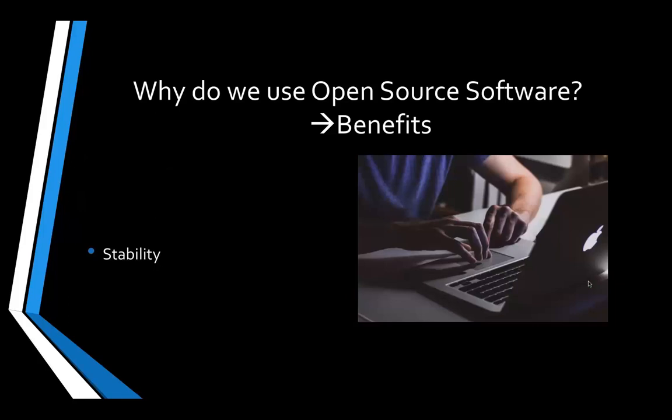Next, I'll talk about security. A big concern with open source software is that since anyone can get into it, is it really secure? And the answer is yes, because open source software has people who are dedicated, their job is to be dedicated to making sure that the software is running properly and that nobody's going in making counterproductive edits to the code and making the software then not work.